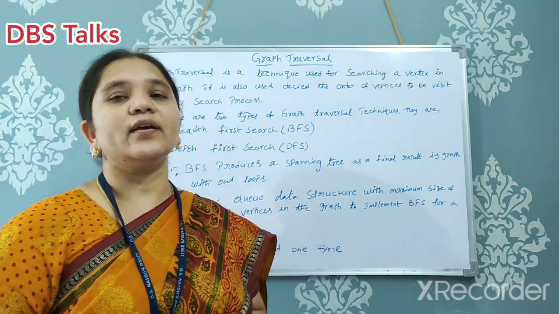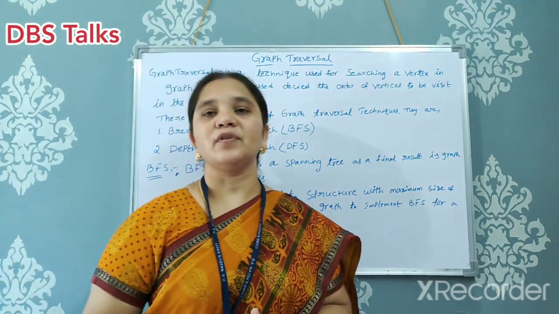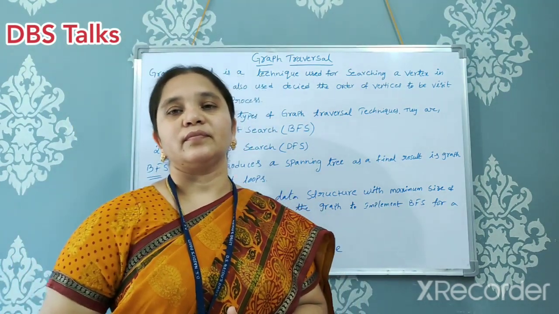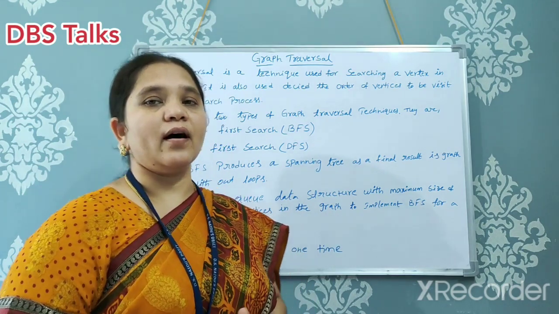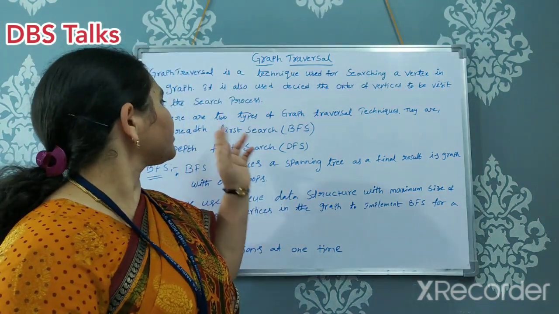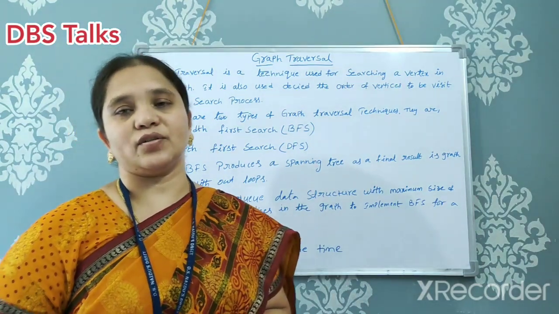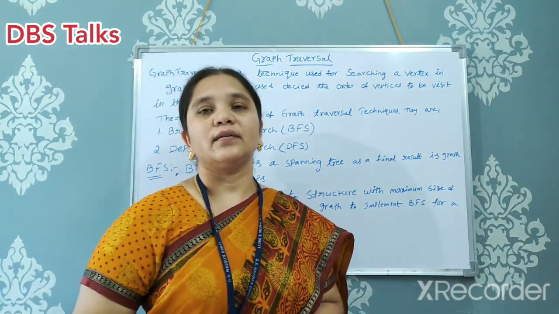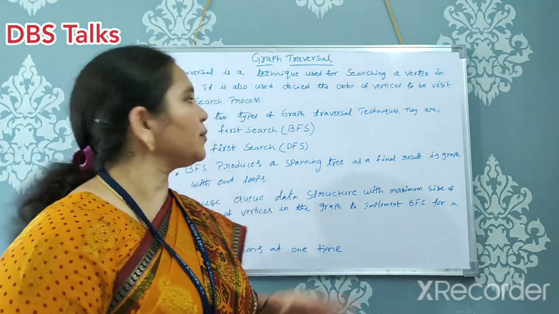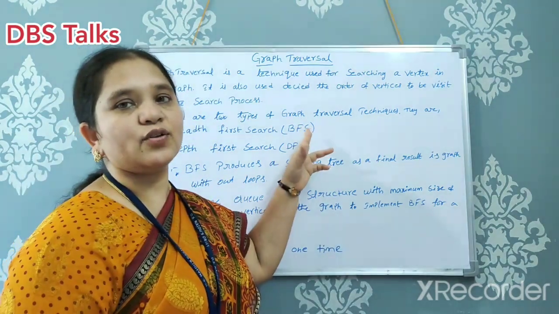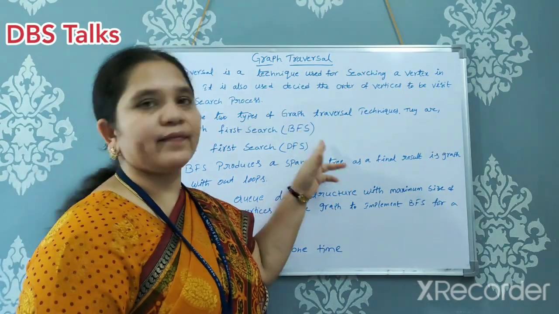Generally we have two types of graph traversal. The first one is breadth first search, in short BFS.